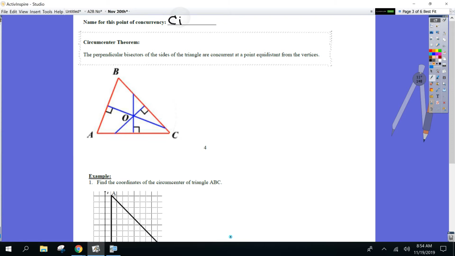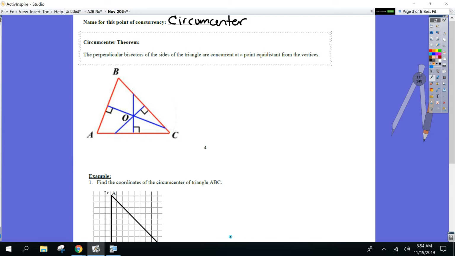Circumcenter. It's almost similar to what vocabulary term we talked about at the beginning today? Circumscribed. That's when the circle could go where? Inside or outside? Outside, right?